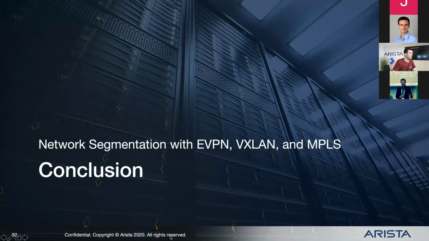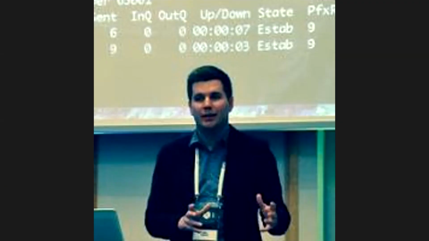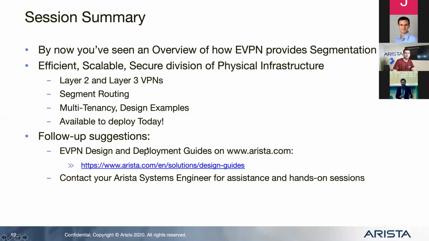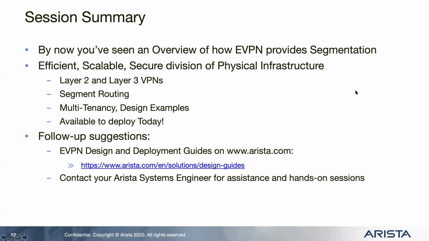So in conclusion, if we take a look at the next slide, really just to summarize what we've been covering today. By now, hopefully you've seen an overview of how EVPN provides segmentation. That should enable you to have an efficient, scalable, and secure division of that physical infrastructure, whether you're using layer 2 or layer 3 VPNs, or perhaps a combination of both.